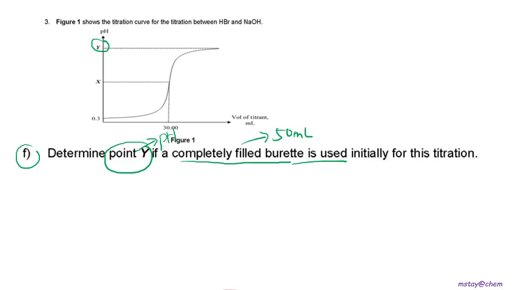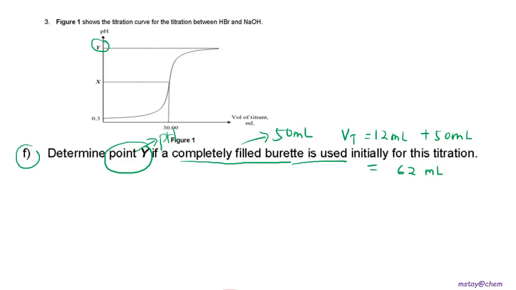So we assume that 50 ml of all the NaOH is dropped into the conical flask. Now the total volume in the conical flask is 12 ml HBr and 50 ml NaOH, which totals 62 ml.